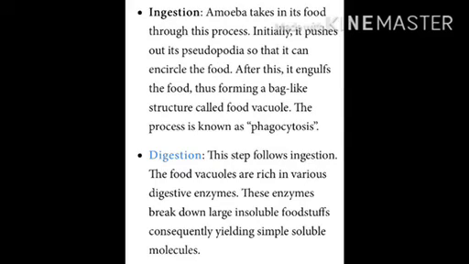The process is called phagocytosis. Now digestion. This step follows ingestion. The food vacuole is rich in various digestive enzymes. These enzymes break down large insoluble foodstuff, consequently yielding simple soluble molecules.